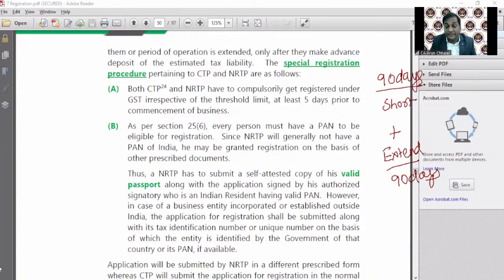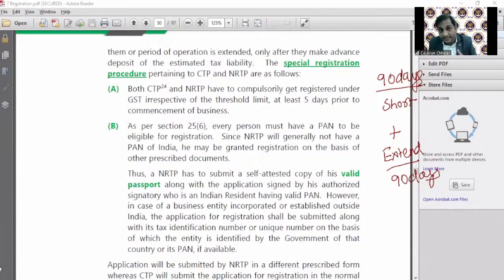Repeating again, a casual taxable person or non-resident taxable person has to make an application 5 days in advance, for a validity of maximum 90 days. Suppose I would like to select 10 days. Is it okay? Yes, no problem, but the maximum is 90 days. Can I take an extension? The answer is yes, a one-time extension by another period of 90 days.